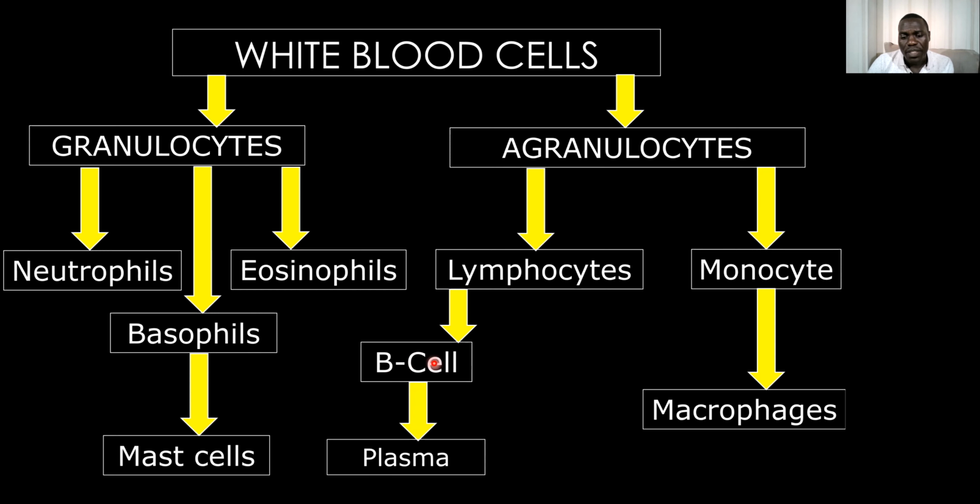What I mean is that B cell can differentiate into B memory cells as well as into plasma cells. Plasma cells are B cells which have now been stimulated to produce antibodies. So plasma cells produce antibodies. For that reason, we usually say that B cells mediate humoral immunity. Humoral immunity is immune response by antibody production.